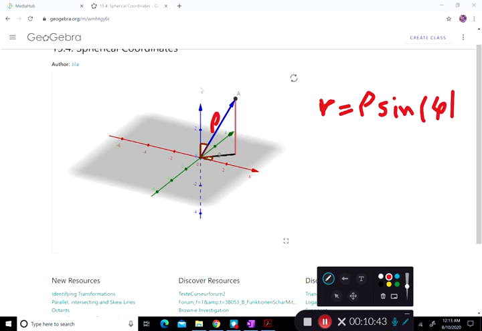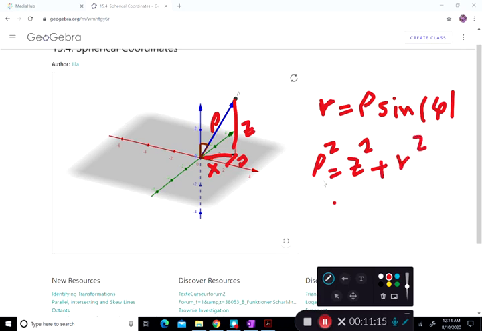Rho squared is equal to x squared plus y squared... That's another thing that you can see: down here, this is y, this is x, so r squared is x squared plus y squared. But in this triangle we have z and r and rho, so rho squared is z squared plus r squared.